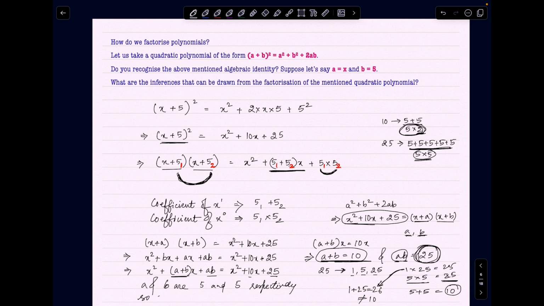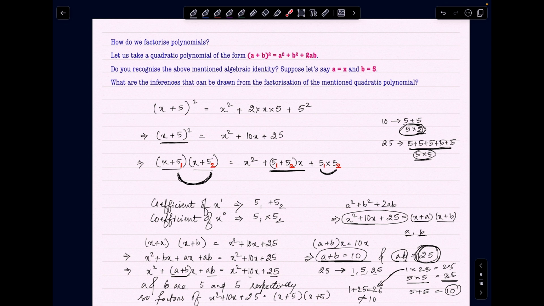So the factors of x square plus 10x plus 25 are (x plus 5) into (x plus 5). Since we knew the relation (a plus b) whole square equals a square plus b square plus 2ab, from (x plus 5) whole square we get the polynomial.